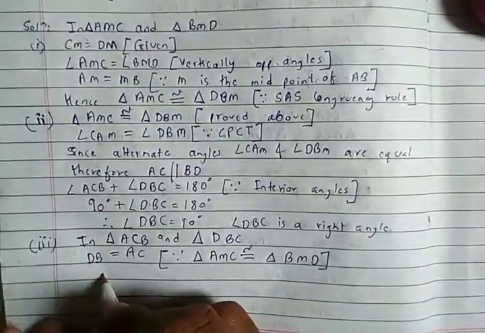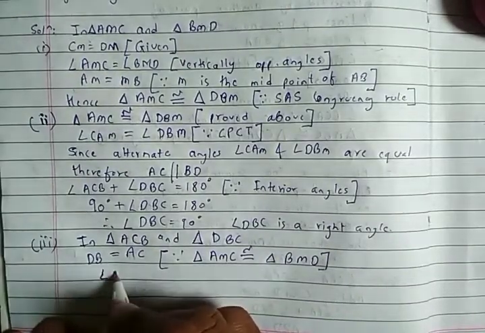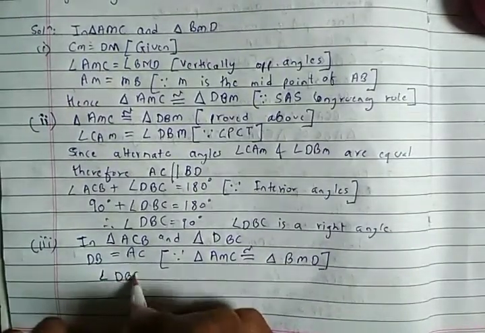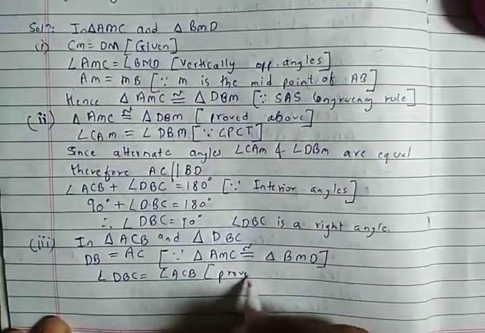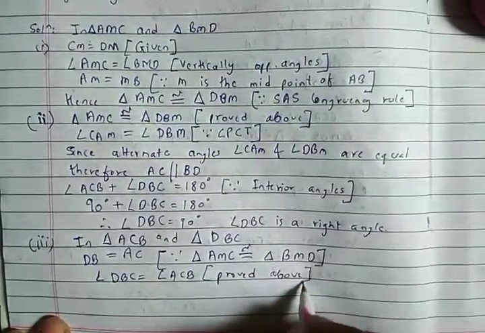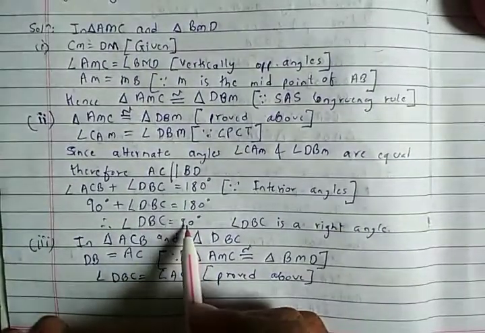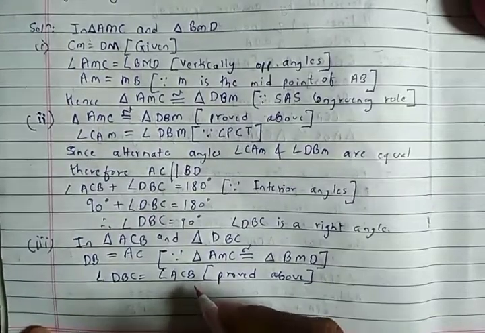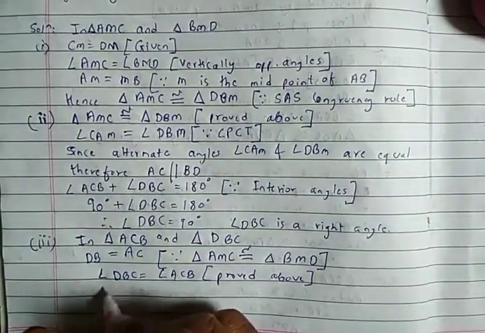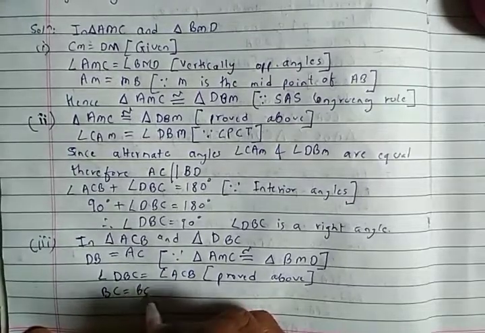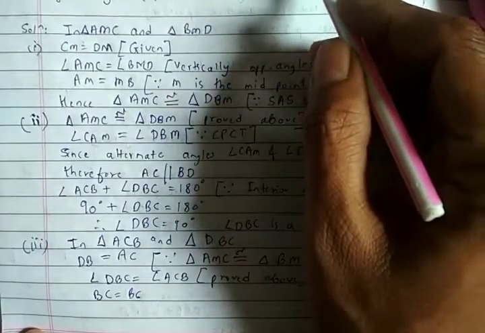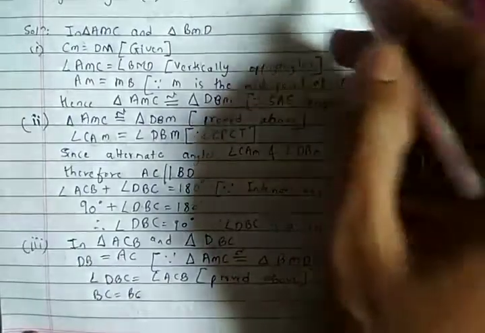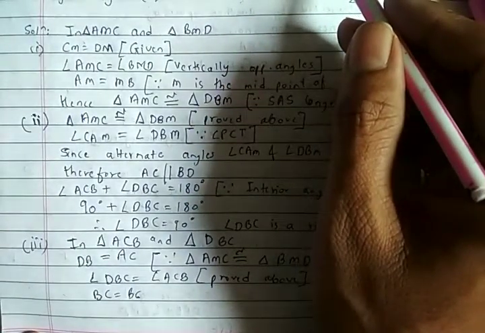Now angle DBC is equal to angle ACB. We have proved this above. Right? Here we have proved this. Both are equal. And the third one is BC is common. Why? Because BC is common for both triangles, right?